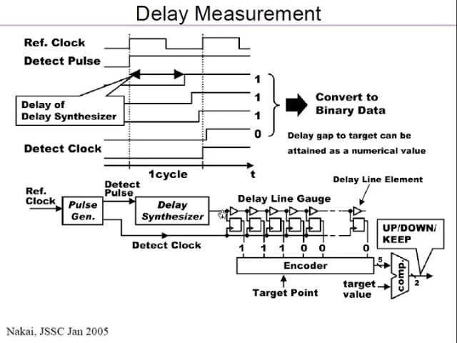Because 0 to 1, this has gone to 1 because you captured a 1. This has also reached 1, this has also reached 1, and this you captured a 0. That means this rising edge is somewhere in between those two. So you have an idea for where the edge is, how fast the edge has propagated.